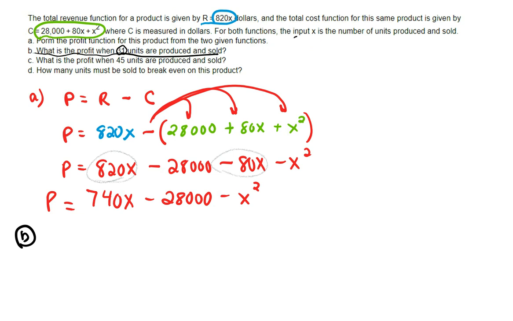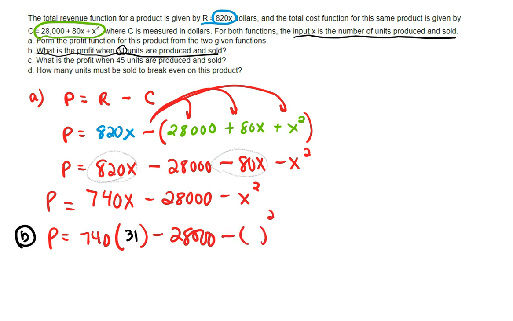And remember that x is the number of units produced and sold. So profit is going to equal 740 times 31 minus 28,000 minus 31 squared.